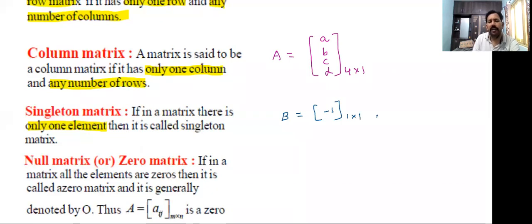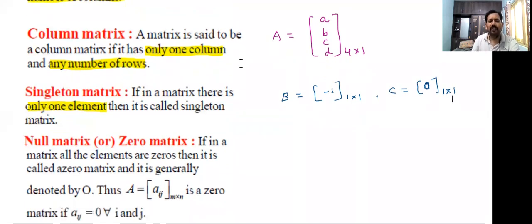C equals 1, or you can take only 0. This is also a singleton matrix. The matrix order is 1 by 1. Only one element means we say singleton matrix.